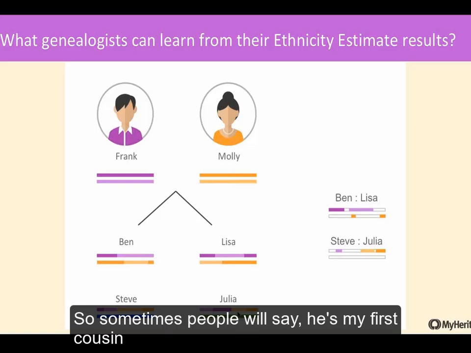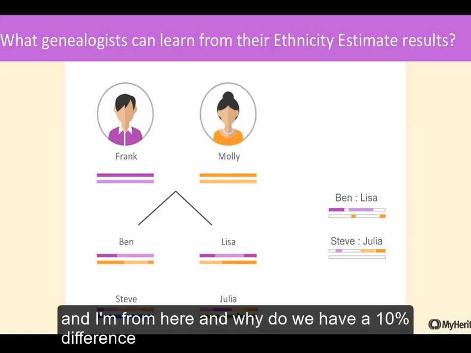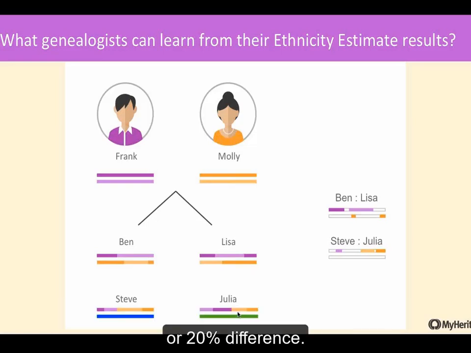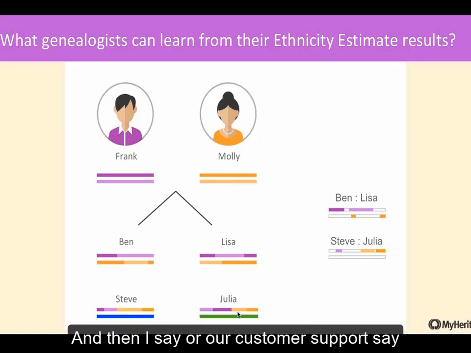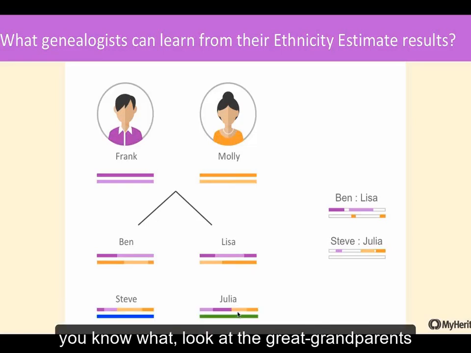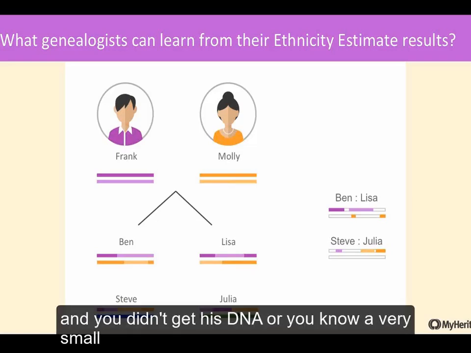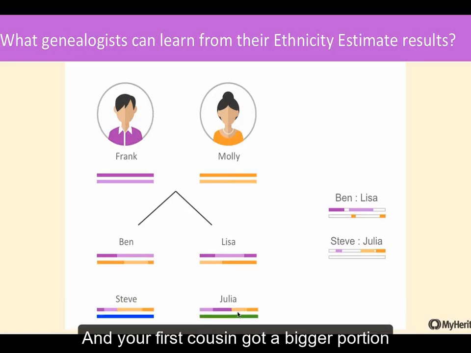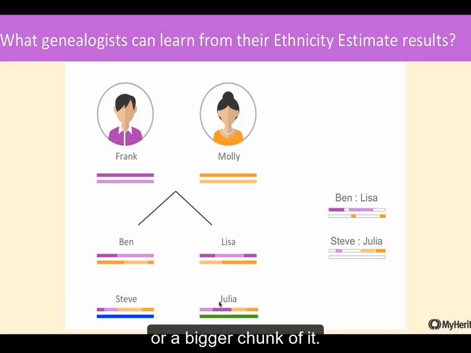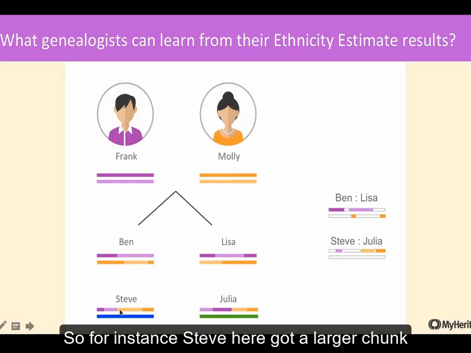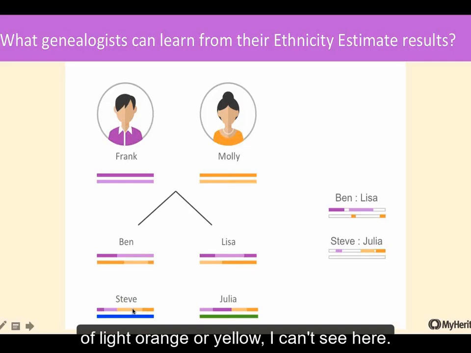So sometimes people will say, hey, he's my first cousin, and why do we have a 10% or 20% difference? And then our customer support says, you know what? Look at the great grandparents, and maybe one of them is from somewhere else, and you didn't get his DNA, or you got a very small portion of it, and your first cousin got a bigger chunk of it. So, for instance, Steve here got a larger chunk of light orange or yellow.